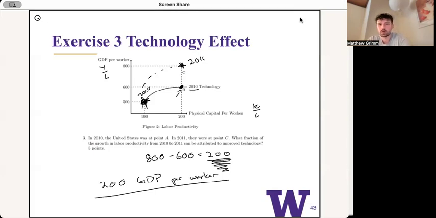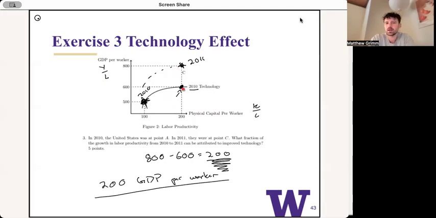So again, with this question, in 2010, we're sitting at this point, and then the other point that we observe is 2011. We don't observe this point right here. This would be if we increase physical capital per worker, but we are still in 2010. So two things shifted here, where we increased the technology and we increased the physical capital per worker.